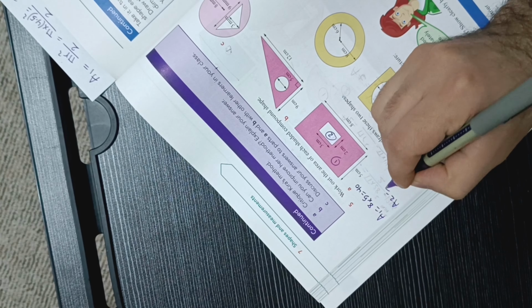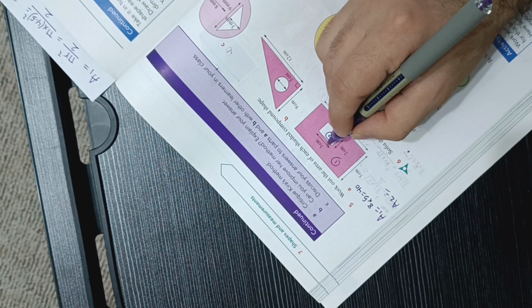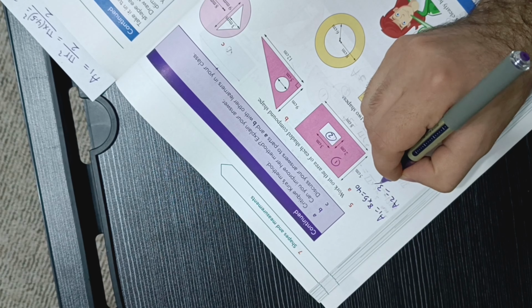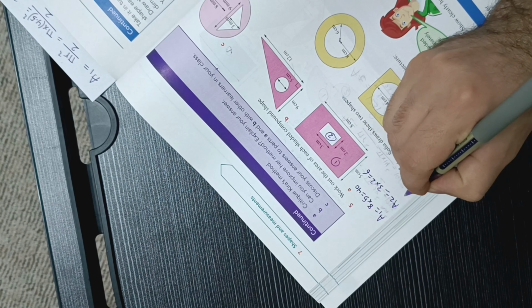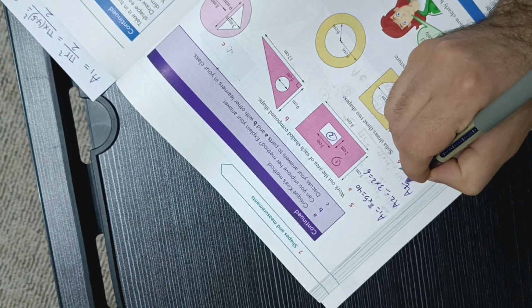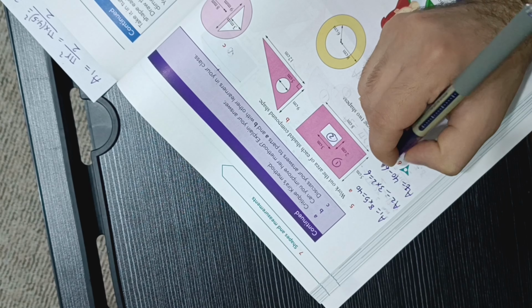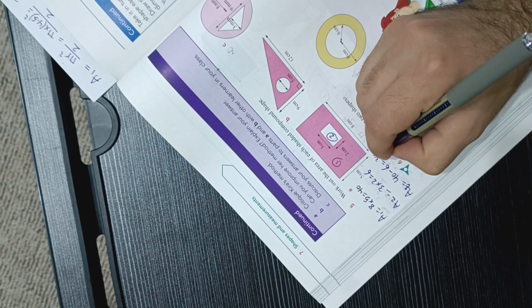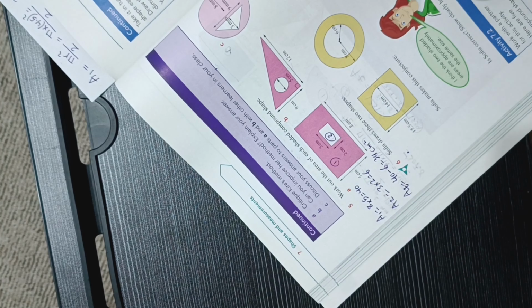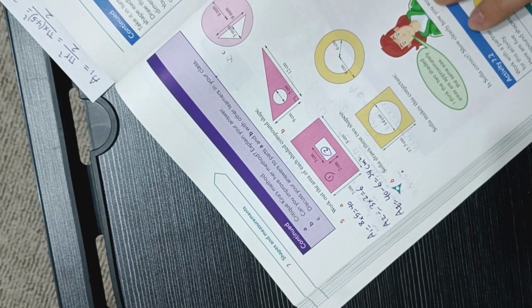And A2 is the area of this one, which is again length times width, so 3 times 2, 6. So AT, the total area, is 40 minus 6, which is equal to 34 centimeters squared. I will leave B for you guys, then let's come to C.